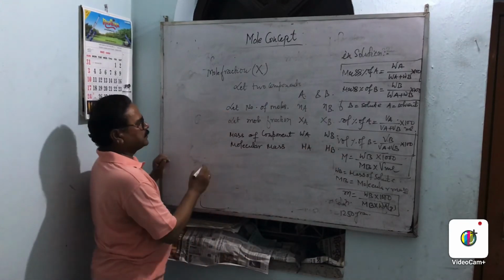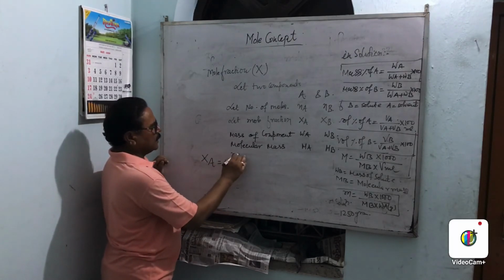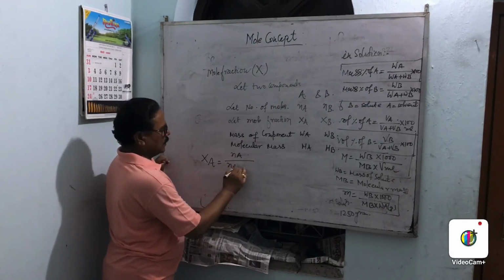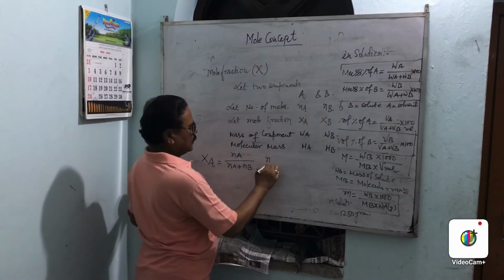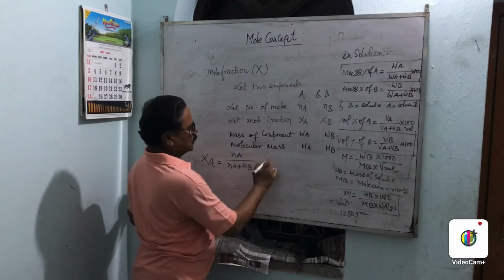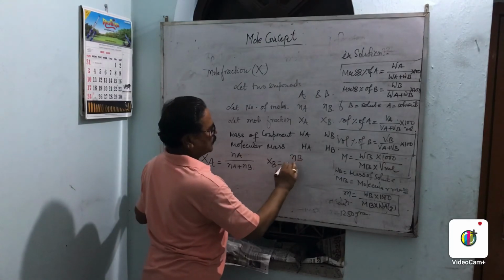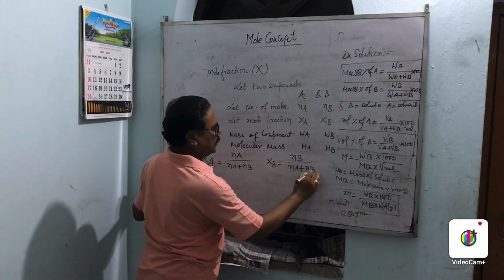So we write here Xa is equal to Na by Na plus Nb. Similarly, Xb is equal to Nb by Na plus Nb.